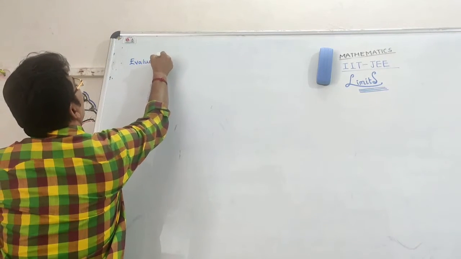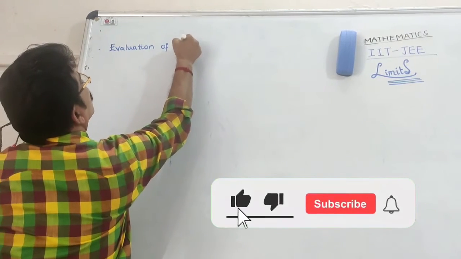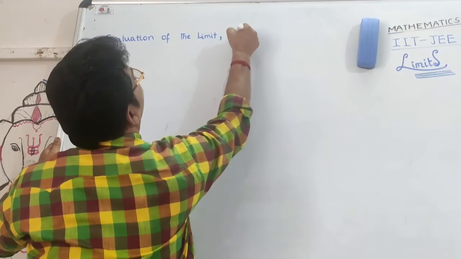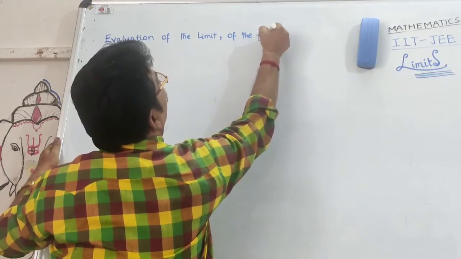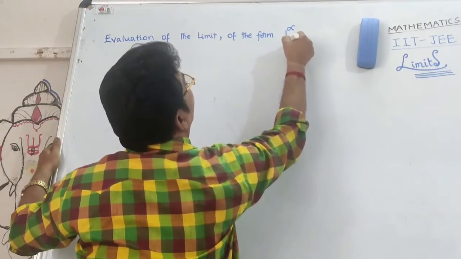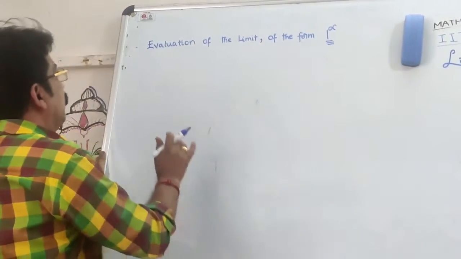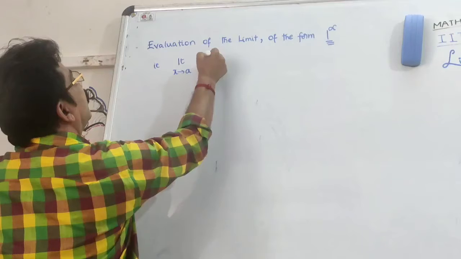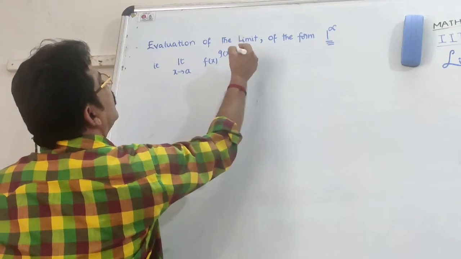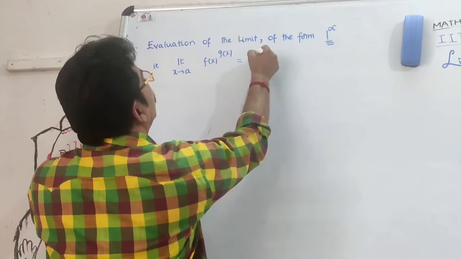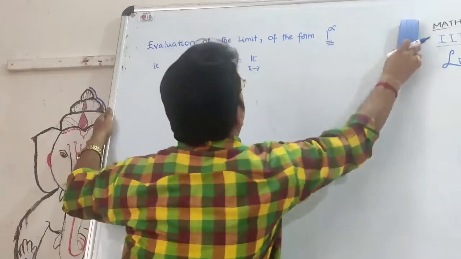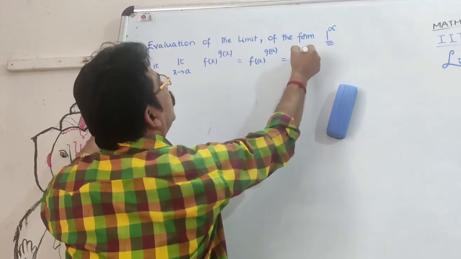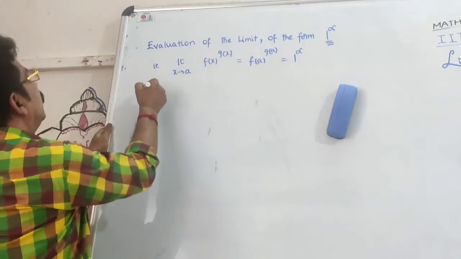Evaluation of the limits which is of the form 1 to the power of infinity. 1 to the power of infinity means that limit as x tends to a, f of x whole to the power of g of x, equal to limit as x tends to a, means f of a whole to the power g of a, that is equal to 1 to the power infinity.